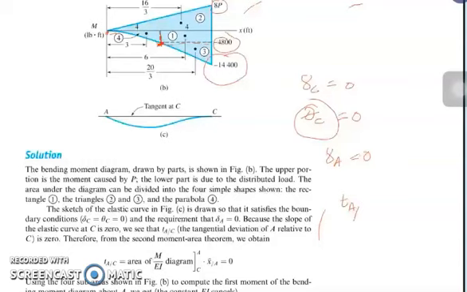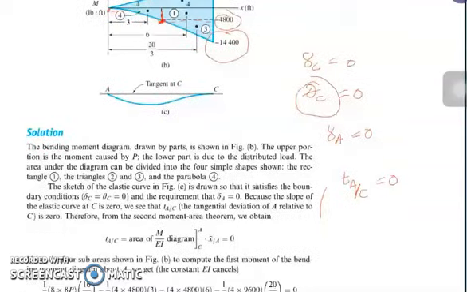Based on our formula, the tangential deviation of A with respect to C is equal to the area of the moment over EI diagram between A and C times bar x at point A, which is equal to 0.